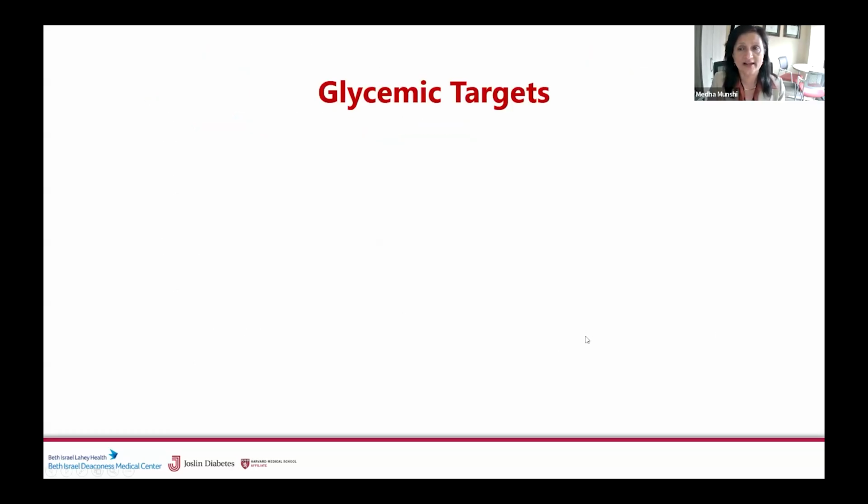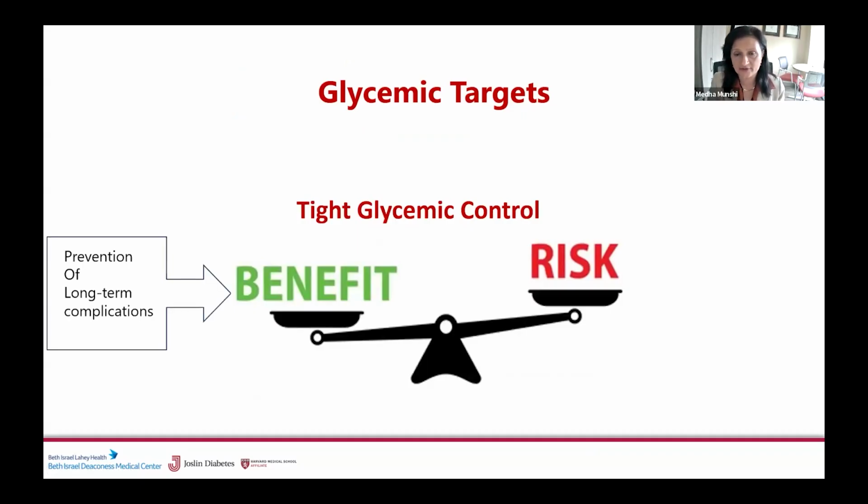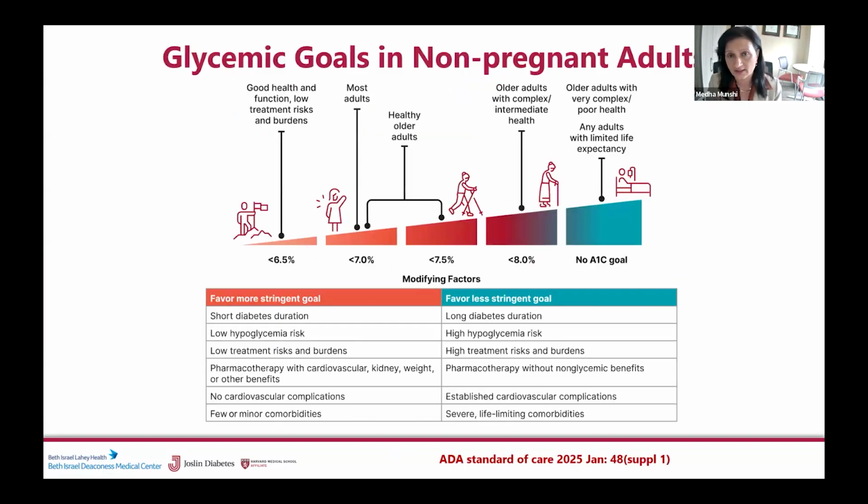So that brings us to the glycemic target. When we think about glycemic target and tight glycemic control, we are weighing the benefits and risks in everybody: benefits of prevention of long-term complications versus risk of immediate complications of hypoglycemia, such as falls, fractures, or cognitive decline.